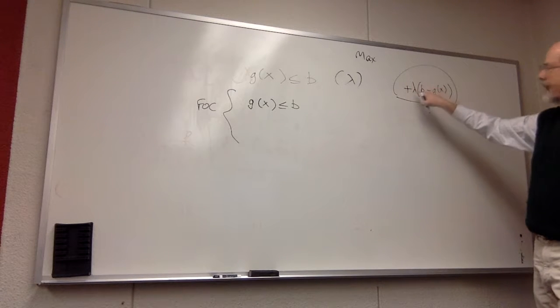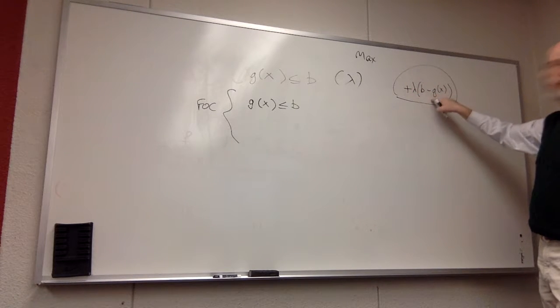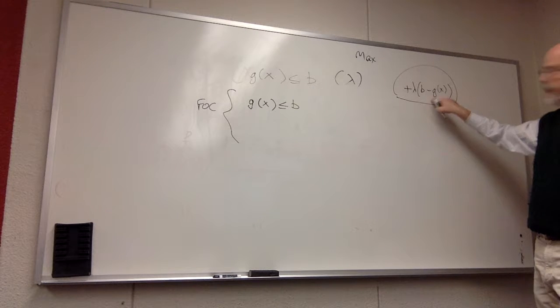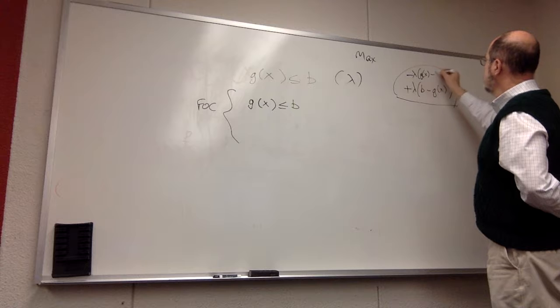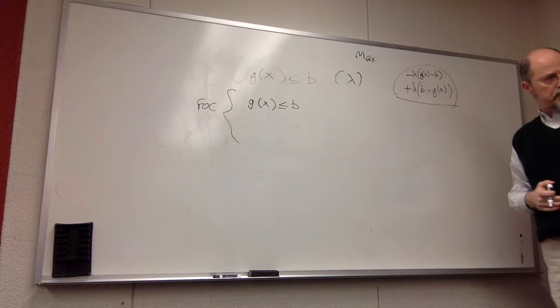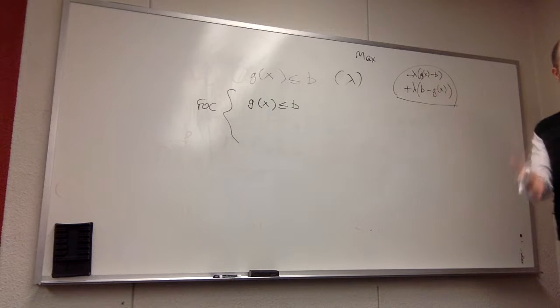In other words, your lambda should be multiplying a non-negative thing. If you want to write it as minus lambda of g of x minus b, I don't care, it's of course the same thing. So you see it one way or the other in books and it's the same thing, right?